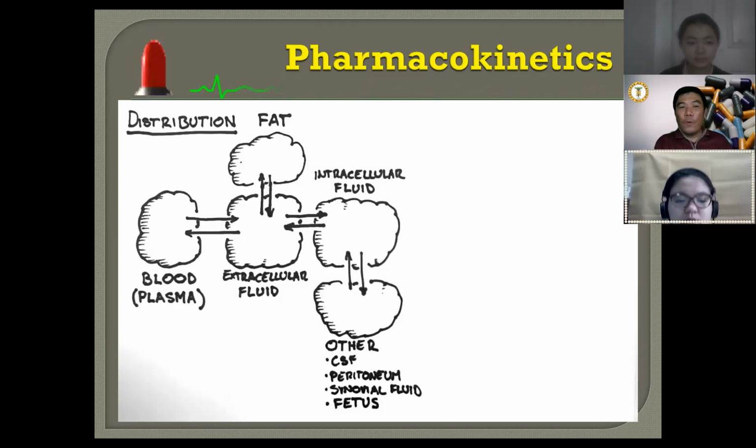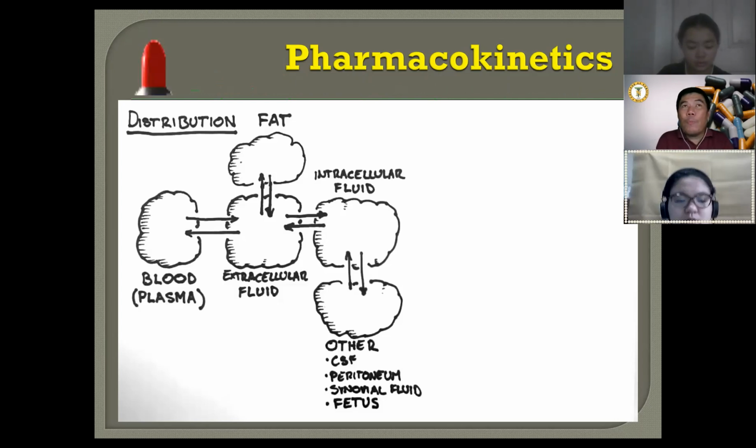Again, for the extracellular compartment, the highest positively charged or cation electrolyte is sodium. The negatively charged electrolyte in the extracellular compartment is chloride.